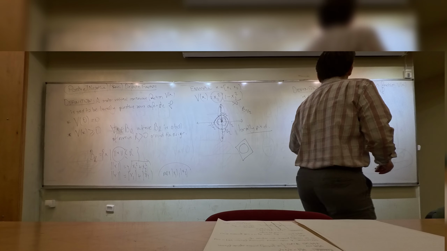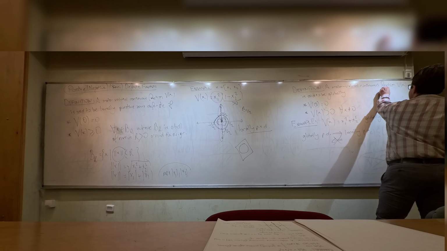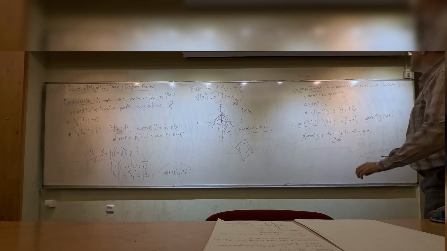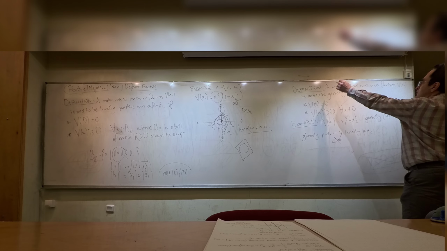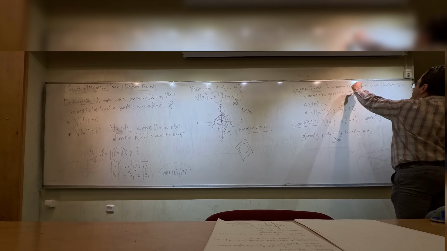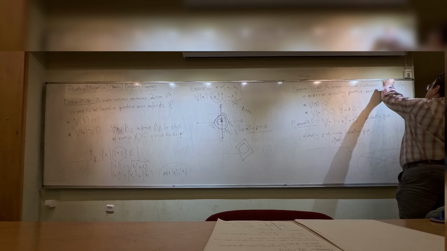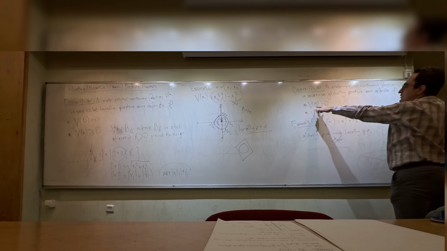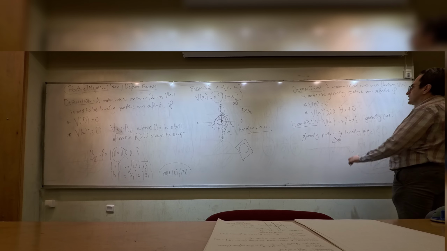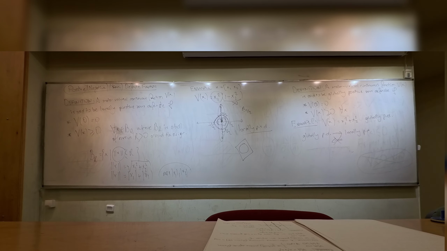So let us write our final definitions. So here I will replace this. A scalar valued continuous function v of x is said to be globally positive semi-definite if v of 0 is equal to 0 and v of x is larger than or equal to 0 for all x in the state space.